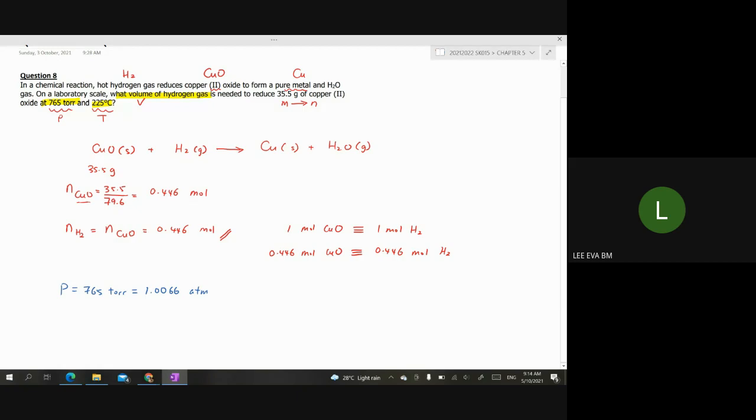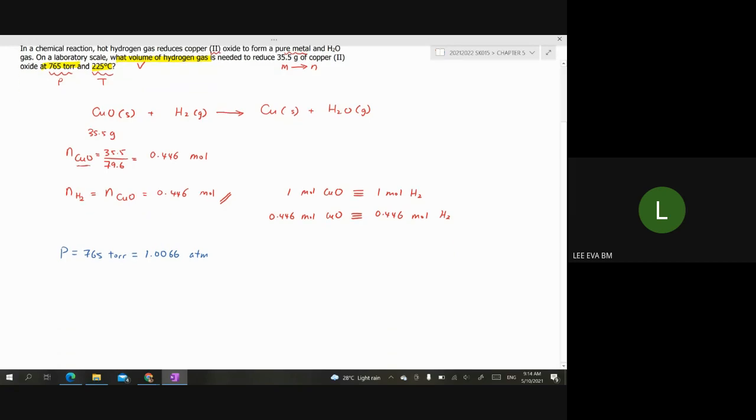Dua-dua boleh accept. Tapi dia mesti beza daripada satu ATM. That is the only difference. Then you have to show it. Otherwise, why not I just put 760? So there must be a difference in your pressure.